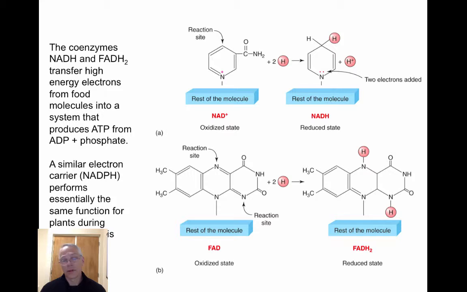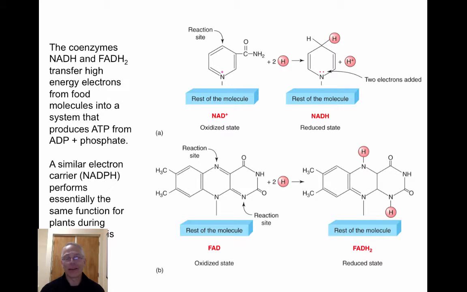And the last slide is just showing two of the coenzymes that are critical in the process of cell respiration. These are the electron transporting coenzymes NAD and FAD. That's nicotinamide adenine dinucleotide. It's no wonder we call it NAD.